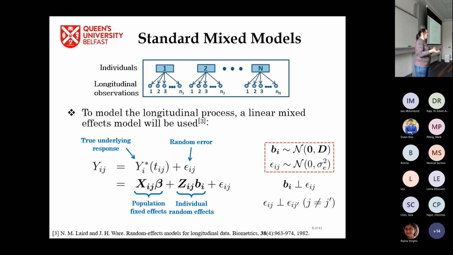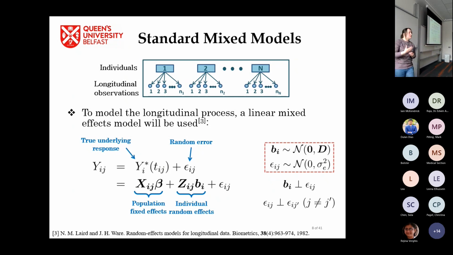So we tend to include individual random effects as well to take into account that clustering within the dataset. That's our bi parameters. Now, within standard mixed effects models, what we tend to do is to assume that these two random terms, the random effects, bi, and the random error terms, epsilon i, follow normal distributions.